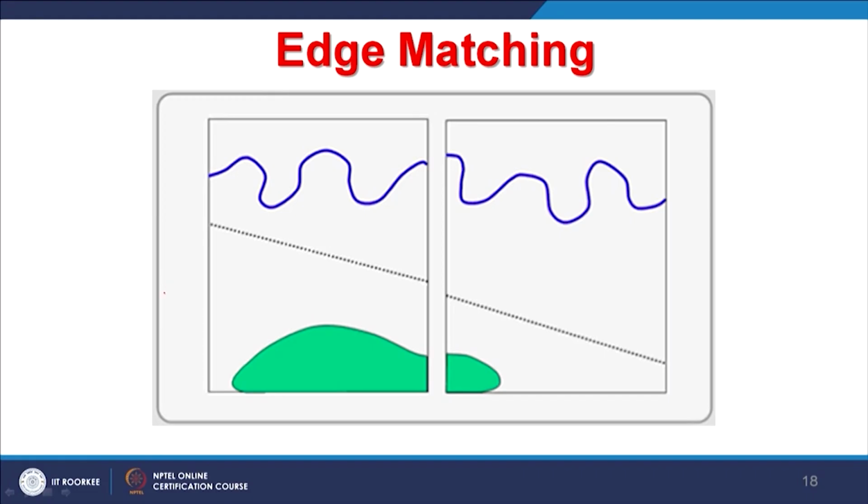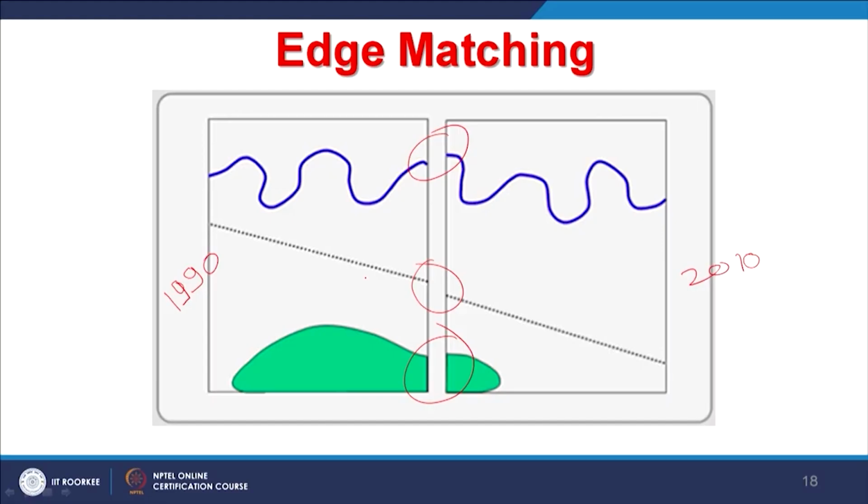Suppose this image belongs to 1990 and this image belongs to 2010, so I have a 20 years time difference. If this has been surveyed in 2010 and I go edge to edge, trying to match, there will be a mismatch something like here, or something like here, or even for a polyline something like here.